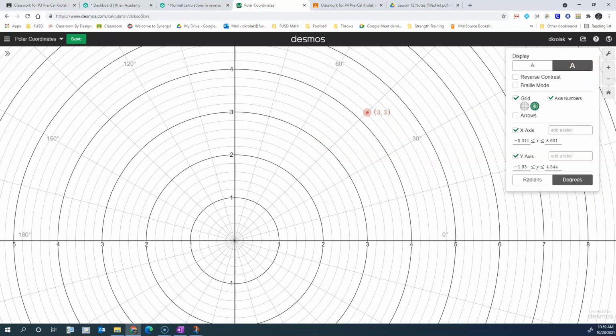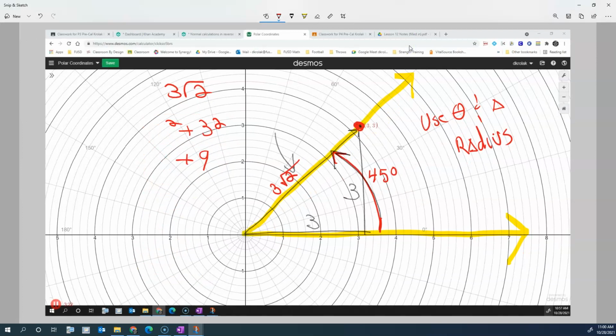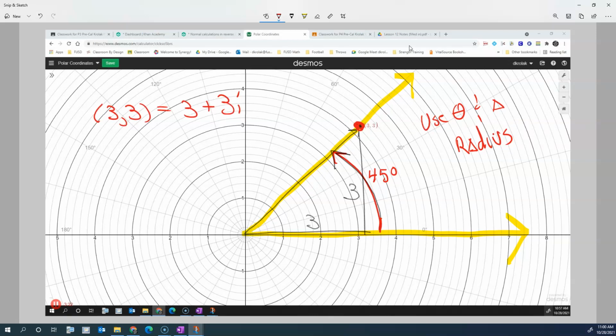What we're going to learn today is I can take something that's rectangular, like this, and say this is the complex number in rectangular form, and it's the exact same thing as 3 root 2 times (cosine 45 degrees, comma, sine 45 degrees).